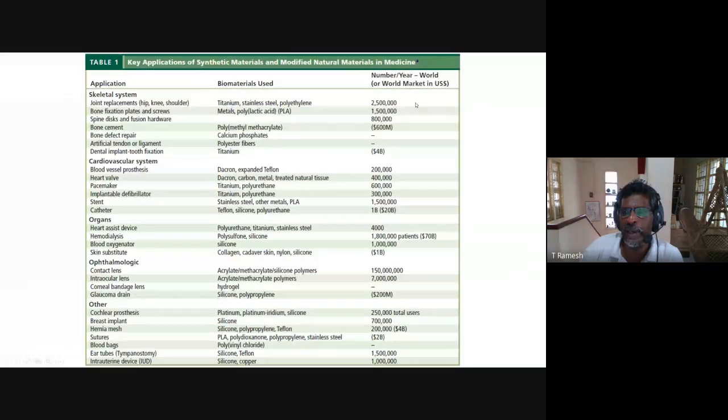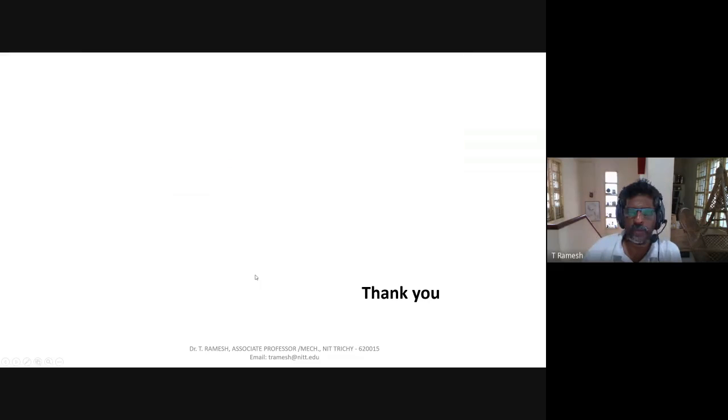I think the number per year is given worldwide. Metals, PLA, calcium phosphates. So there are many materials already identified. I think a large amount of research is required on these particular composite materials.